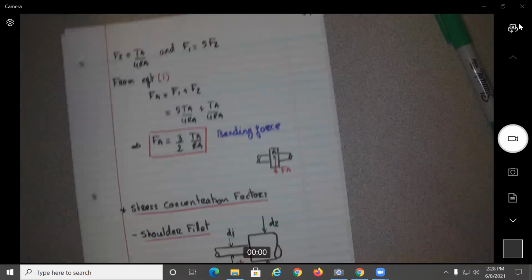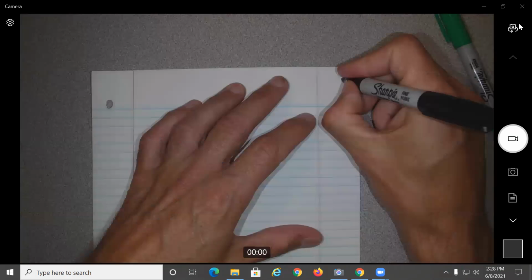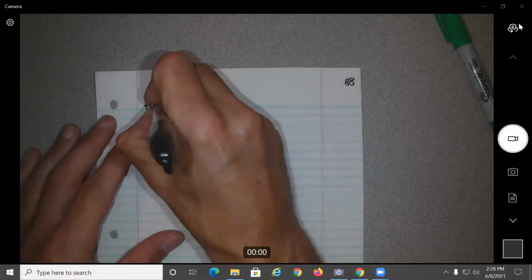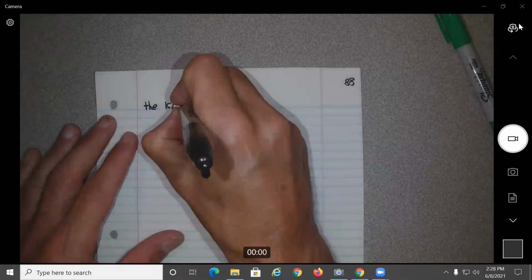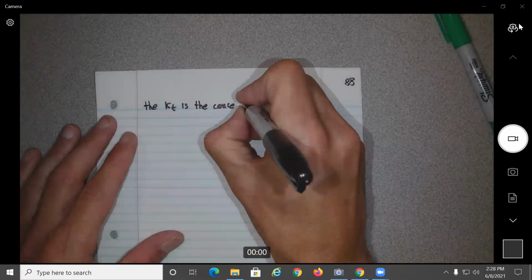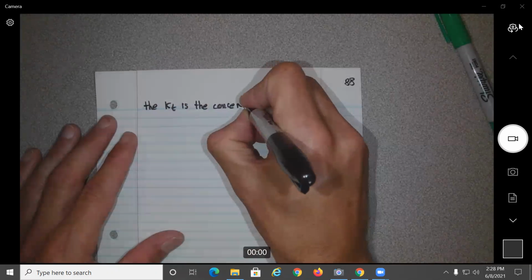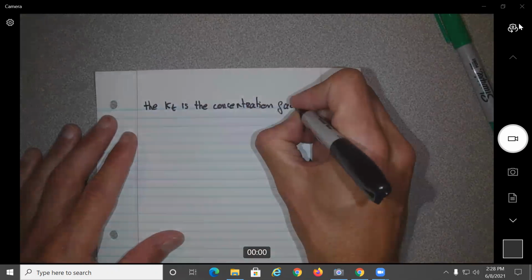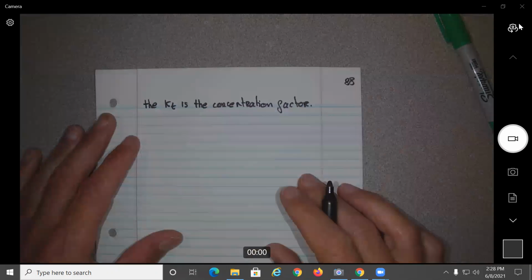Okay, so let's put over here, I forgot to put it. So the K T is the concentration factor.